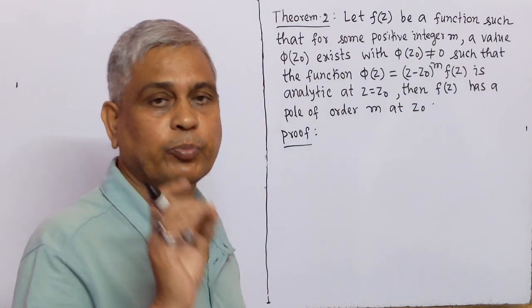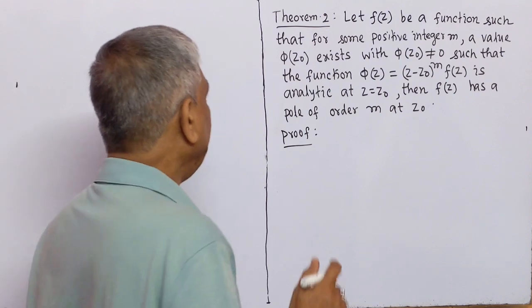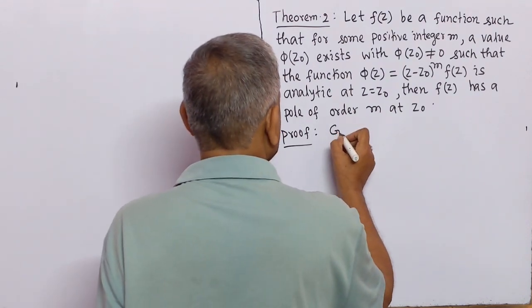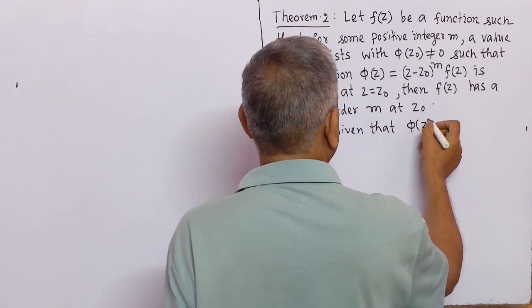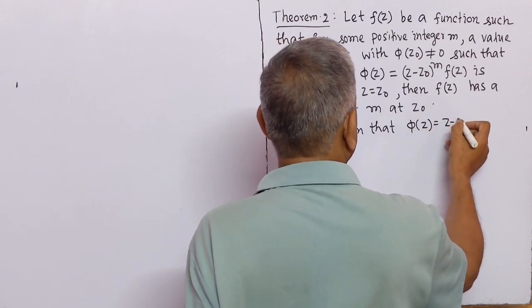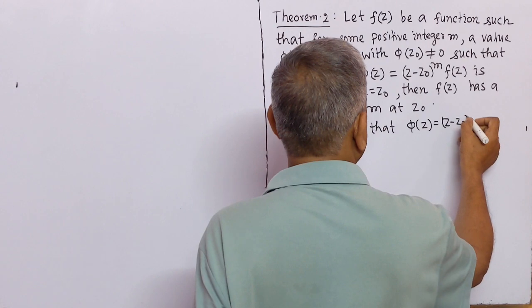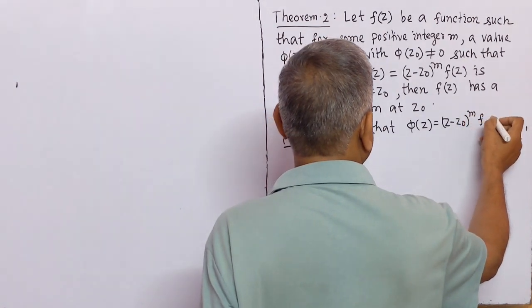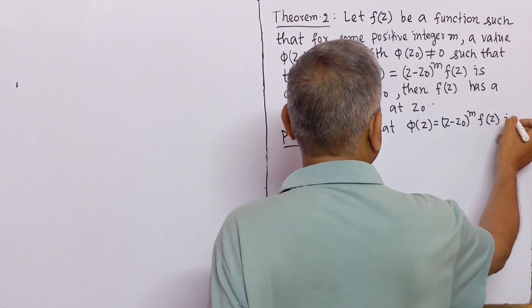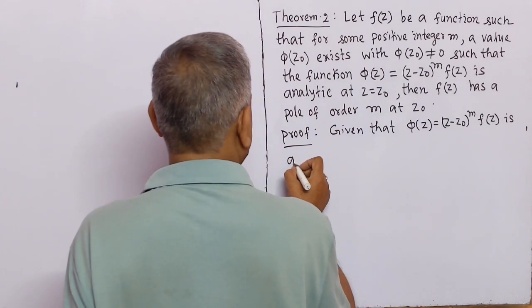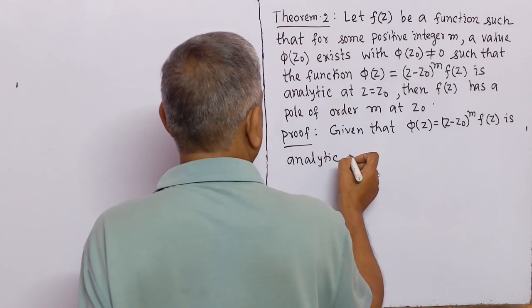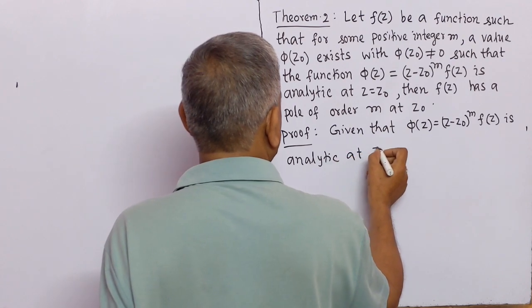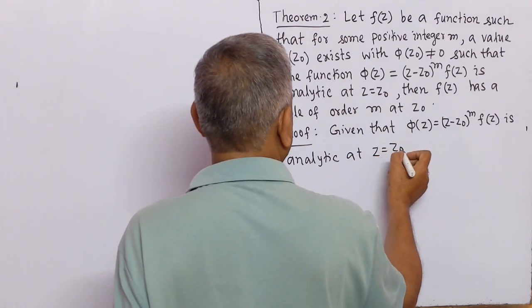Now we prove this. Given that phi(z) equal to (z minus z naught) to the power m f(z) is analytic at z equal to z naught.